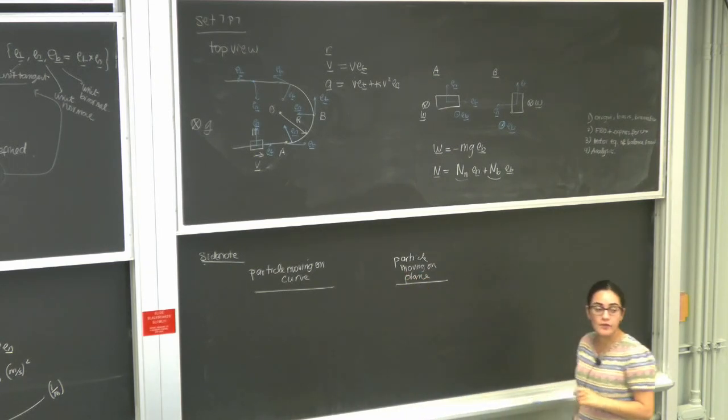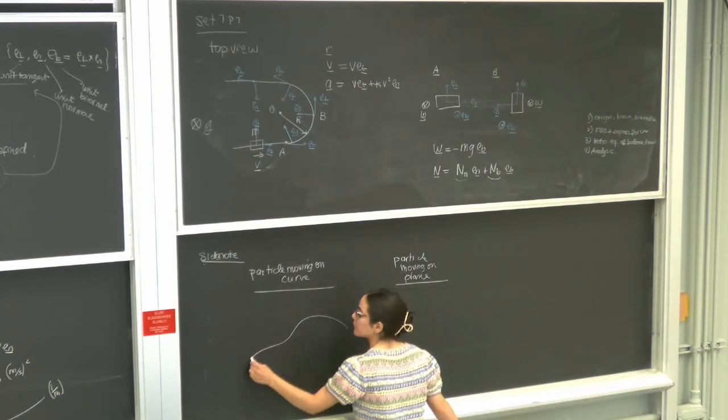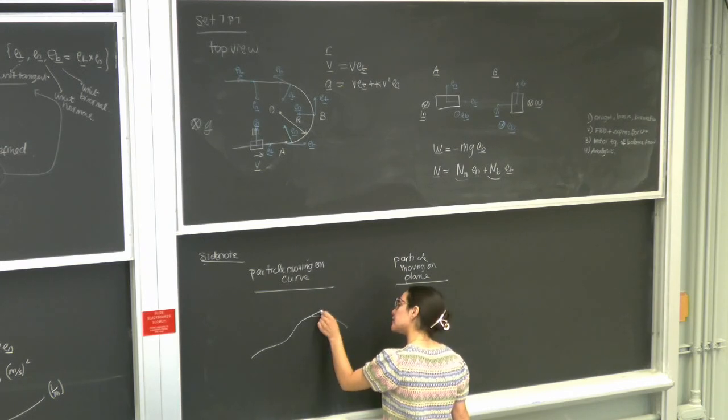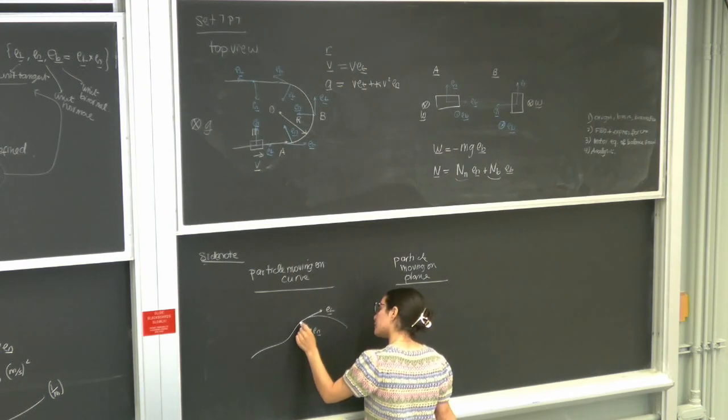Okay, and I have a YouTube video about this. But usually when you have a particle moving on a curve, the curve has one tangent, ET, and two normals, En and EB.